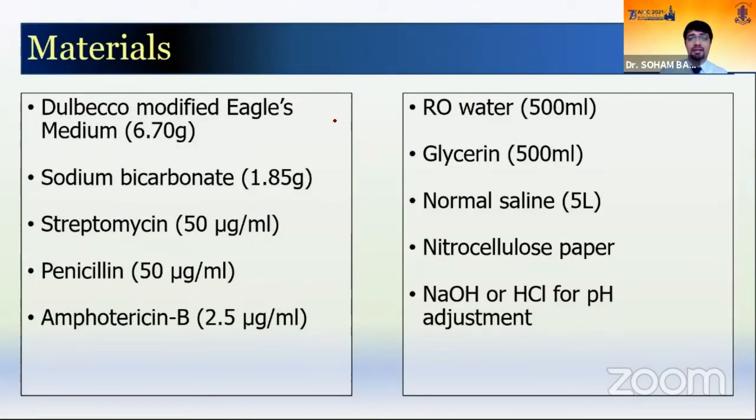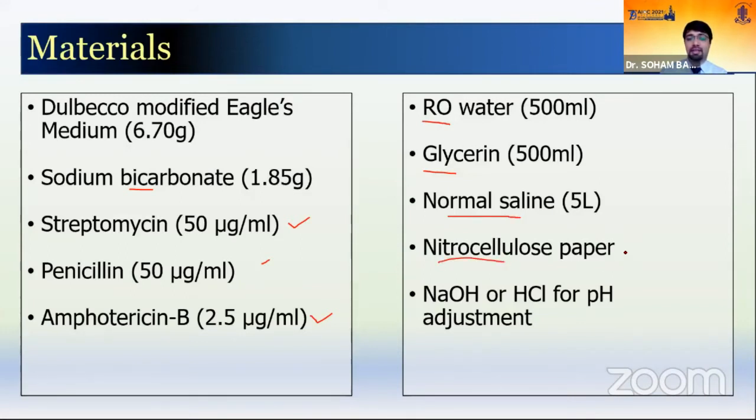So the chemical components that you need are DMEM, the Dulbecco modified Eagle medium, and sodium bicarbonate, which acts as the buffer. Antimicrobials are penicillin, streptomycin, and amphotericin. Then the base of the media is a 1:1 ratio of reverse osmosis water or just sterilized water and glycerin. Normal saline for washing the placenta.